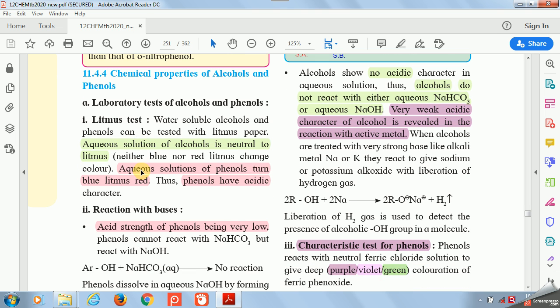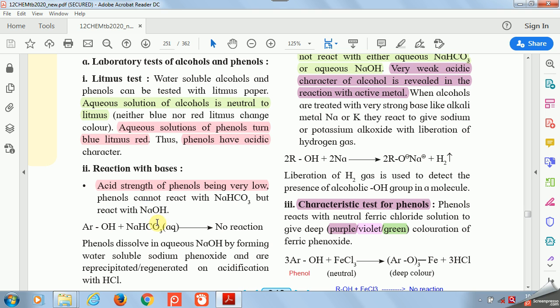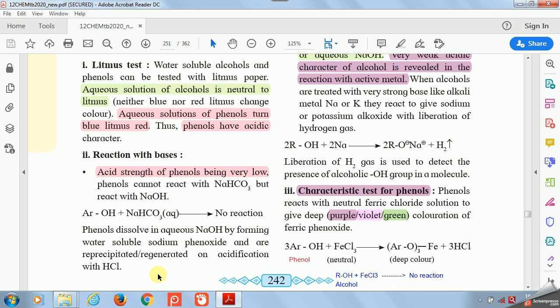The reason behind that is, if you observe the reactions of phenol, it cannot react with a weak base such as sodium bicarbonate, NaHCO3. So there is no reaction with NaHCO3, but it can react with a strong base such as NaOH, sodium hydroxide, that we already learned in the method of preparation.